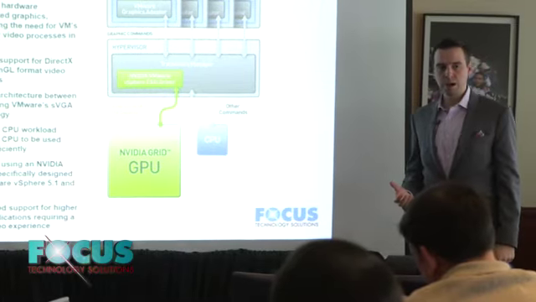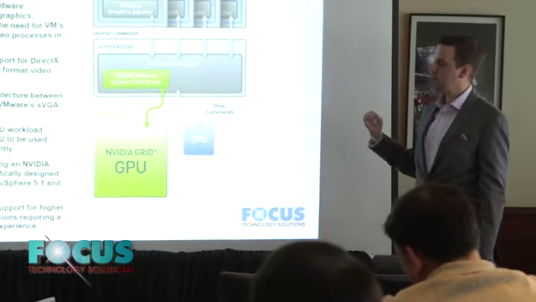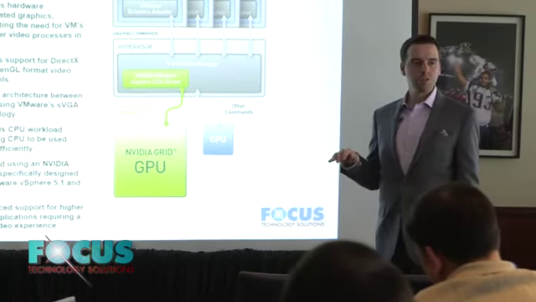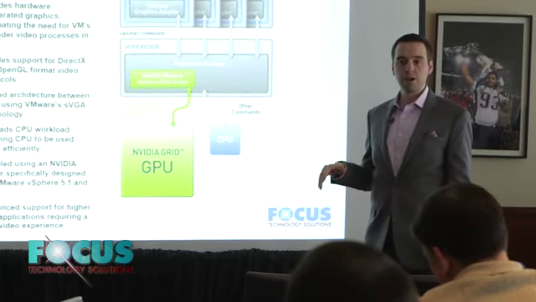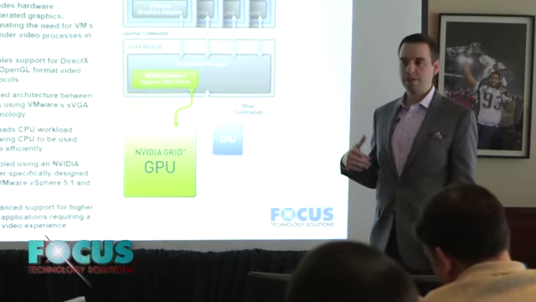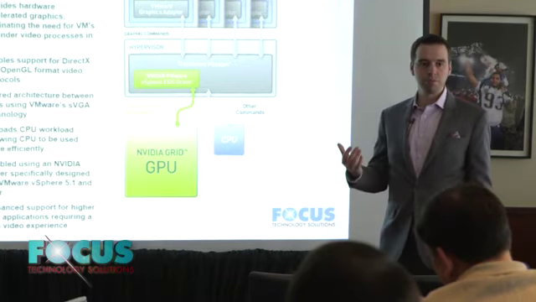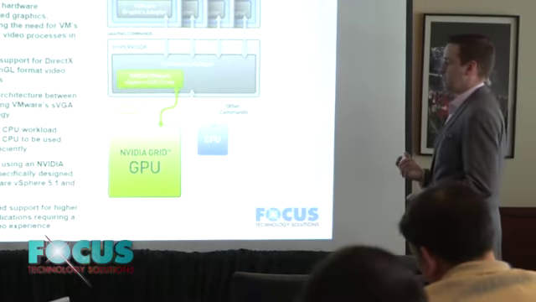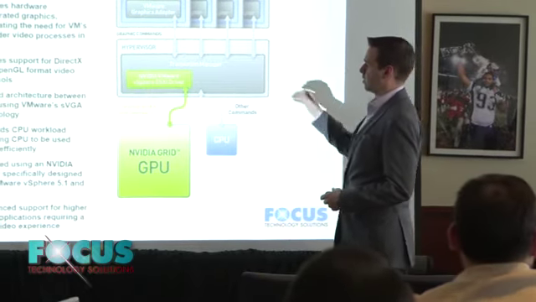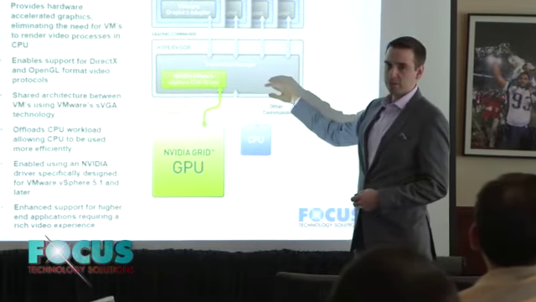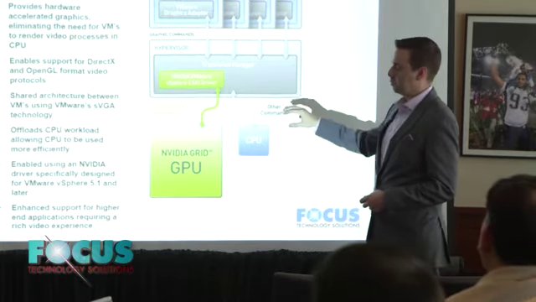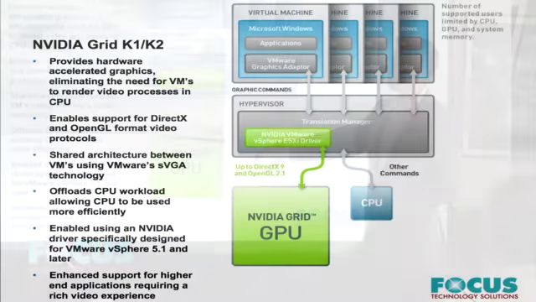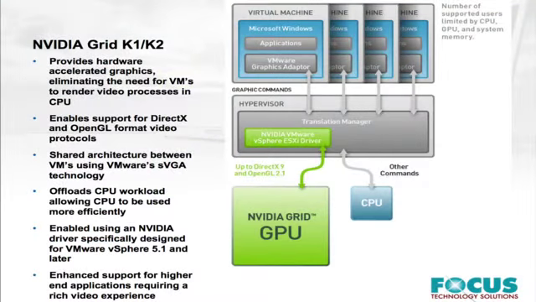It requires some special power supplies, and NVIDIA actually has a matrix of servers that have been certified to operate Grid cards. They have all the right power supplies and cable connectors and all of that stuff that are involved. Basically, the way that this works is there's a driver that gets installed into the hypervisor, and we install the card into the server. And there's a few options that we turn on the virtual machine to enable 3D graphics.